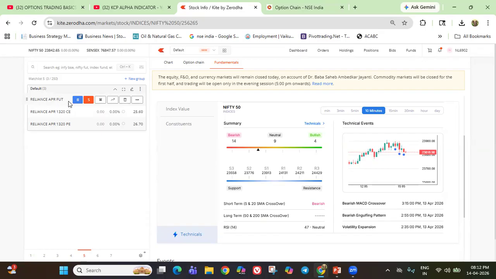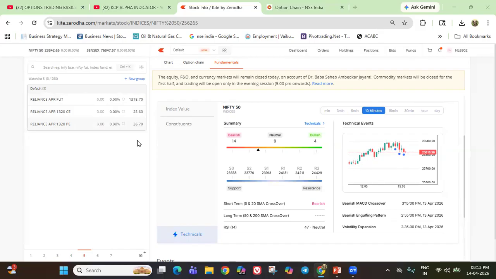Looking at monthly Reliance April, this month's future, the market closed around 1319. So I need to select the strike price. The nearest strike price for 1319 is Reliance 1320 CE, which is at the money. So we need to select the option chain for this.